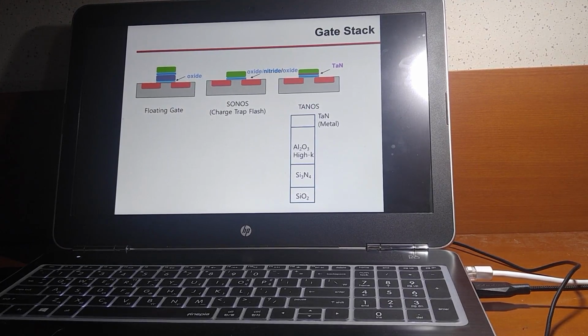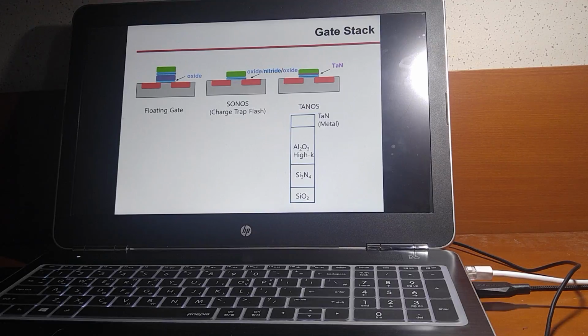And for gate stack, there are 3 types of gate stack. First is floating gate, second is SONOS, and third is TANOS. What you have to focus on in this section is floating gate, because SONOS and TANOS are not realized yet. To introduce briefly, SONOS is a charge trap flash.